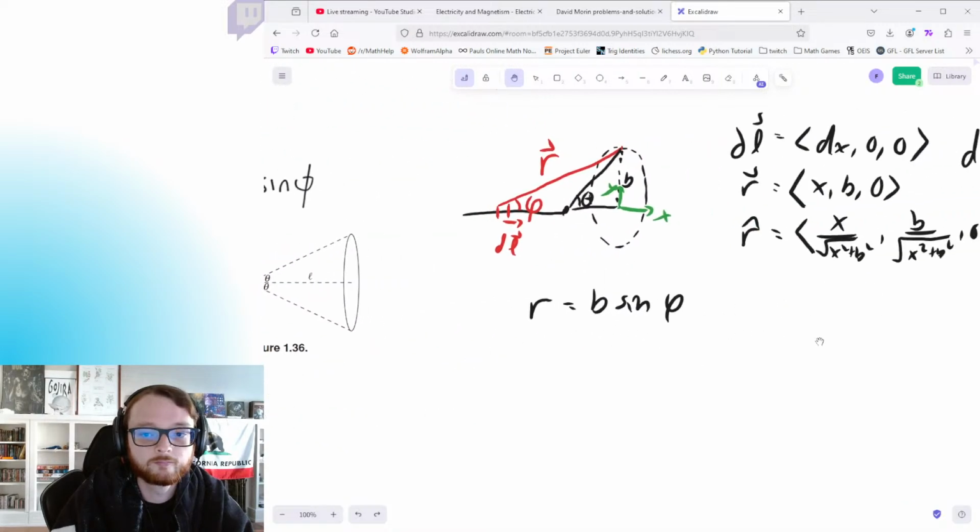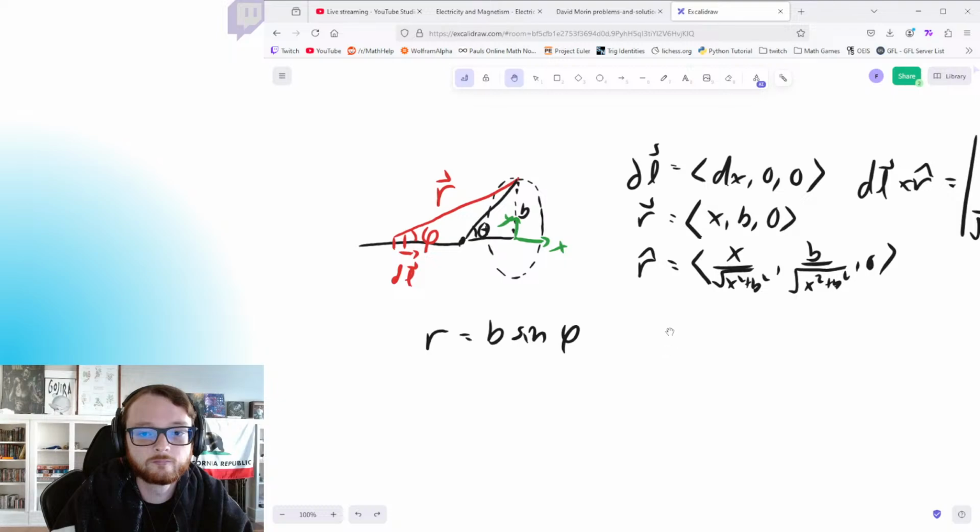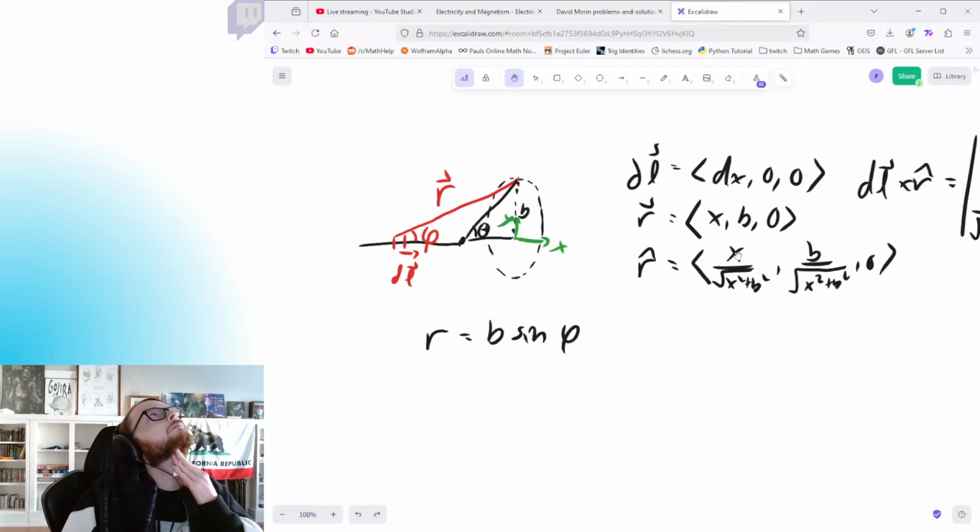Well, if you picked a different point on the circle, you would get a J component, right? So as you go around the circle, we're going to get a magnetic field that goes around that circle.